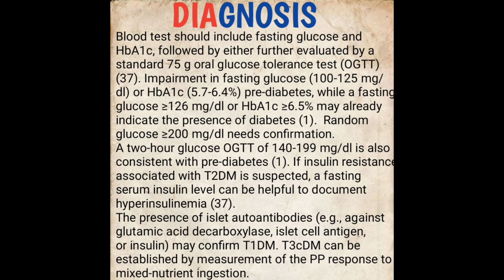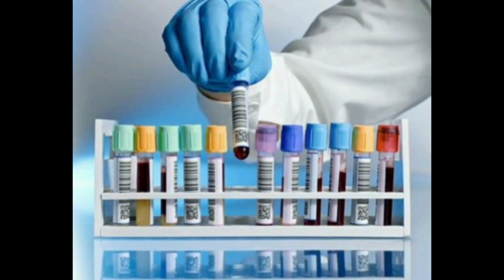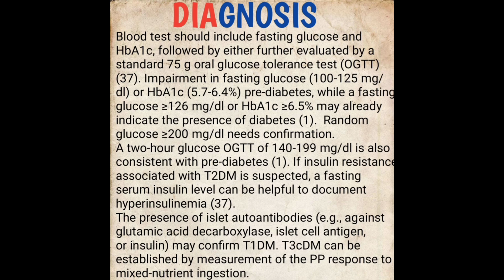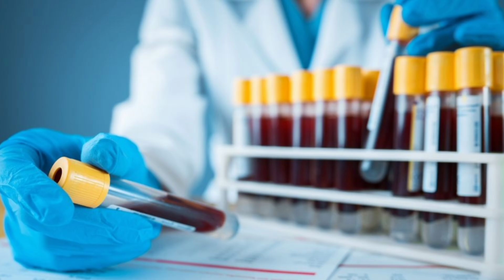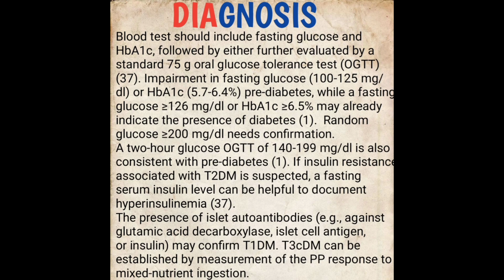The diagnosis. We were talking of both clinical and laboratory diagnosis, and the clinician has so many things to measure, as well as the symptoms, history, and what have you. And the laboratory blood test should include fasting glucose, the HbA1c, glycosylated hemoglobin, followed by further evaluation with the oral glucose tolerance test.